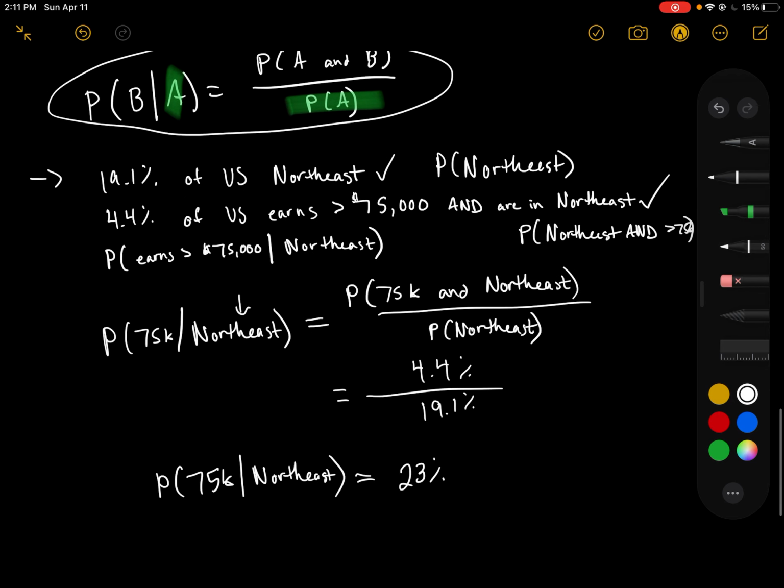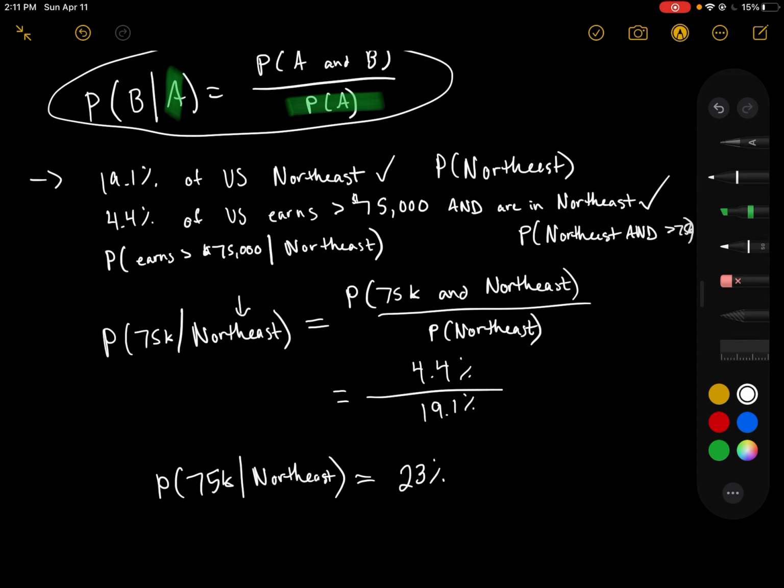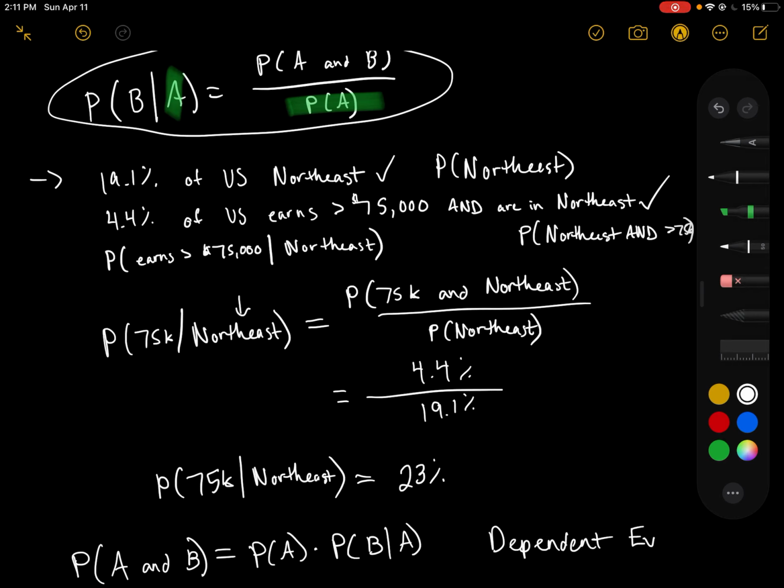And the last thing is we can take this rule that we just calculated, and there's a second way that we can write it, which helps us in complex events. If we're trying to find the probability of A and B, we can also write that as the probability of A times the probability of B given A. This gives us a general multiplication rule for when we have dependent events, where the outcome of one depends on the other.